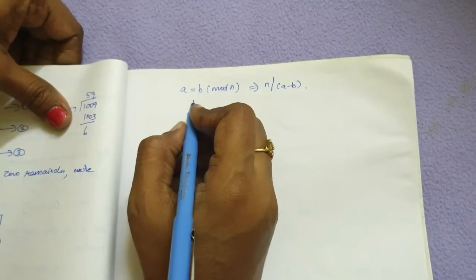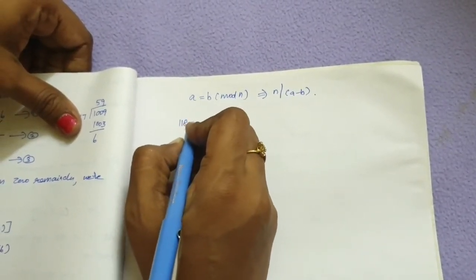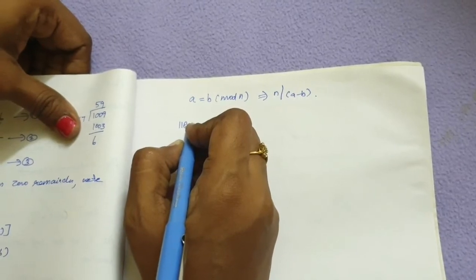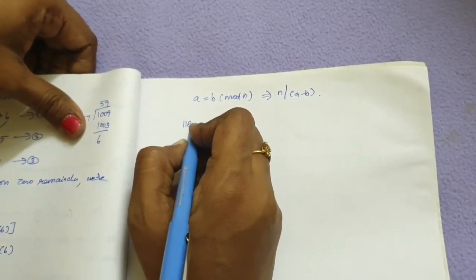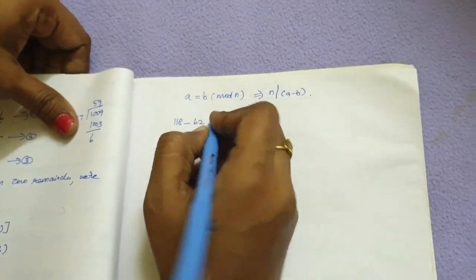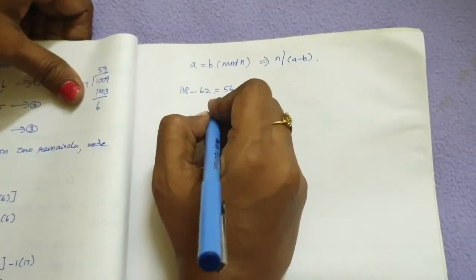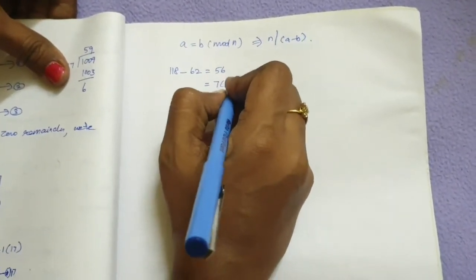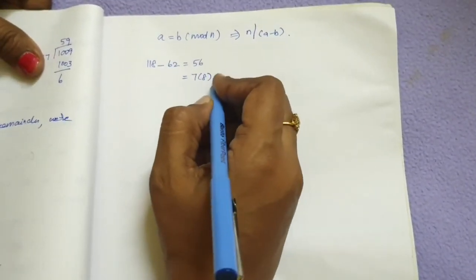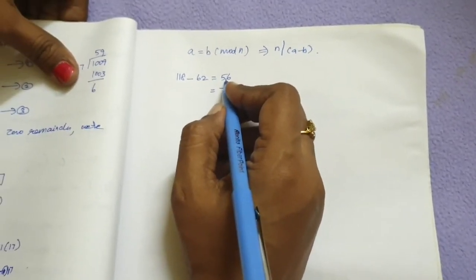Using this definition, first find out the value of a minus b. Here you need to subtract 62 from 118, then you will get the answer as 56, which may be written as 7 8s are 56. So here 8 is one of the divisors of 56, the a minus b value.